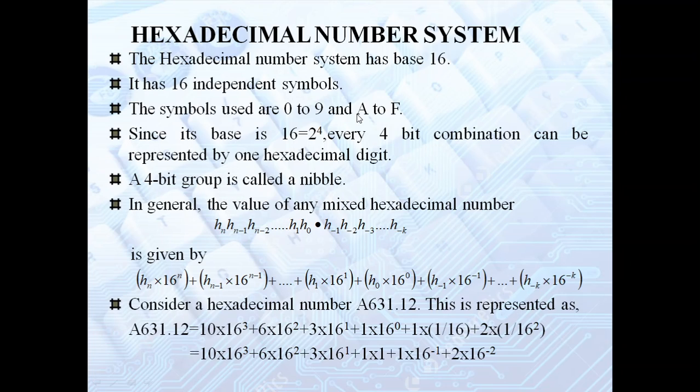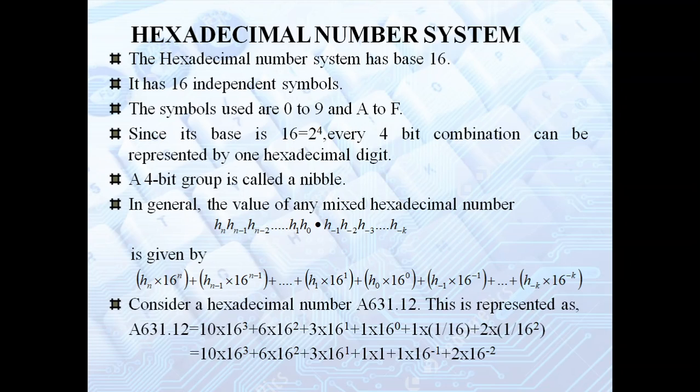Here, A in hexadecimal number system is equivalent to 10 in decimal number system, and B is equivalent to 11. C is equivalent to 12. D is equivalent to 13.